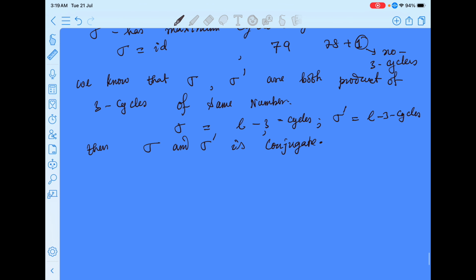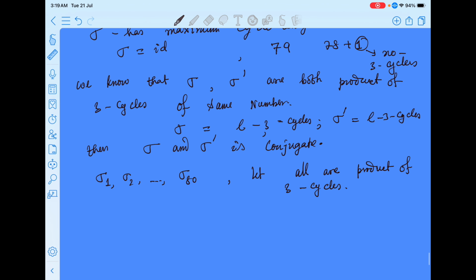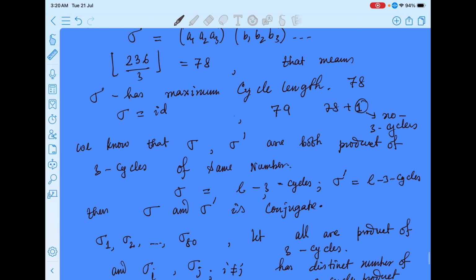So then what you have is, let's say sigma 1, sigma 2 up to sigma 80, are all products of 3-cycles, and let's say any two, sigma i and sigma j, i not equal to j, have distinct numbers of 3-cycles in the product representation, right? But we have only 79 choices.